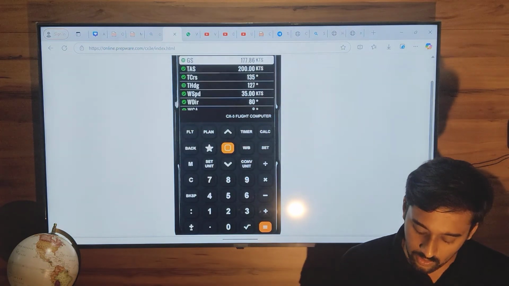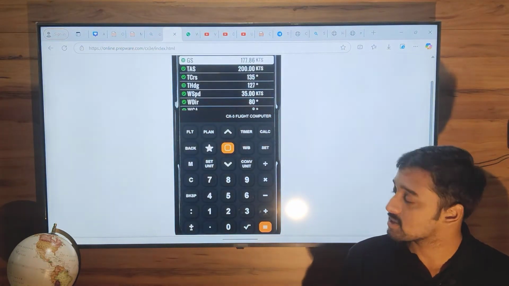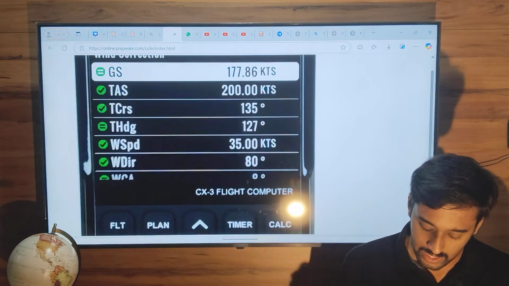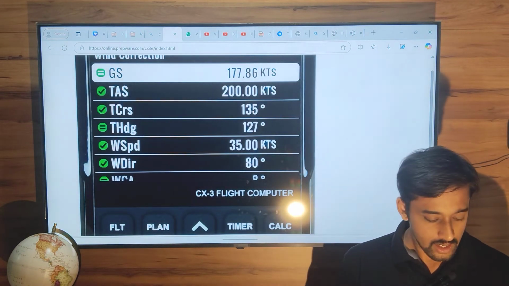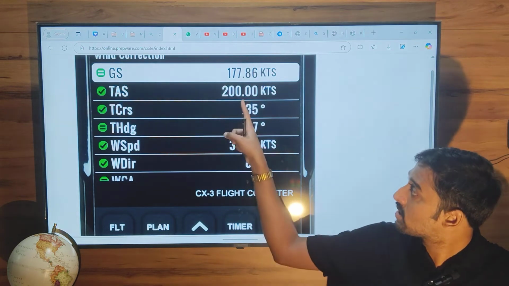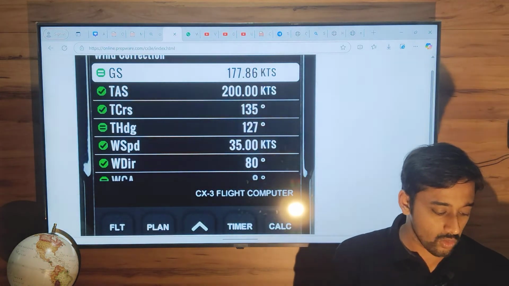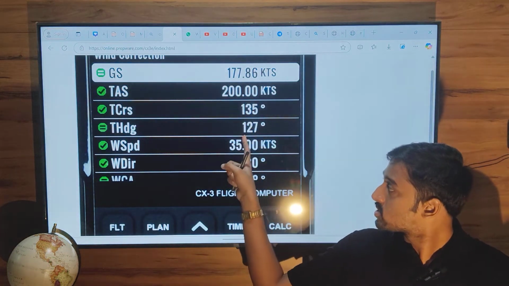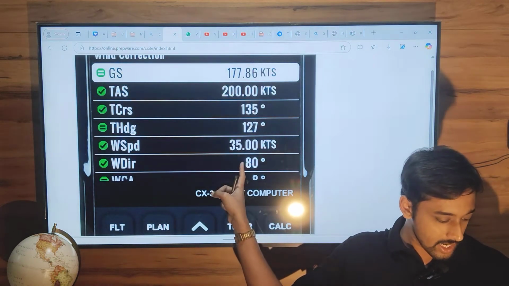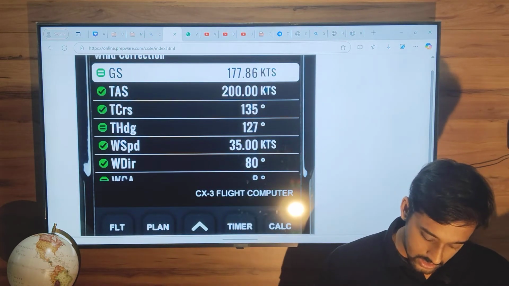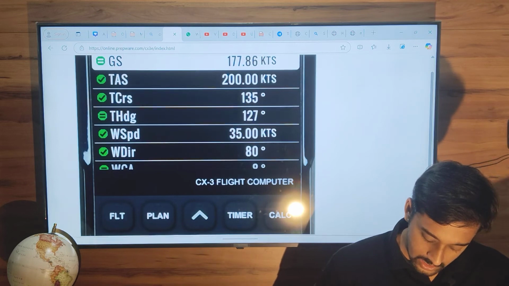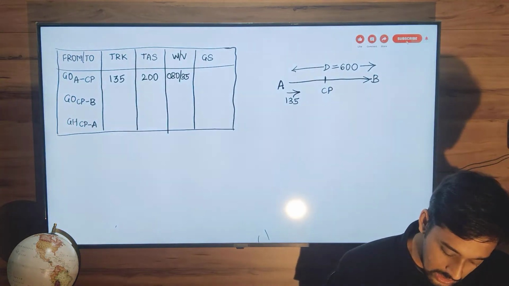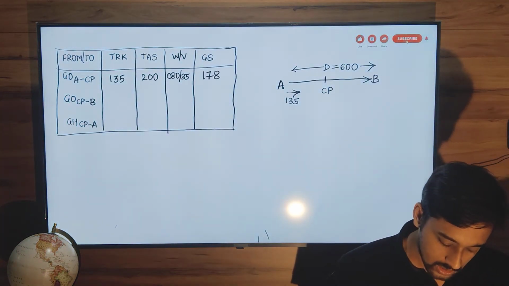So ground speed will be 177.86. Let's verify. TAS is 200. Track is 135. Speed is 35 and direction is 080. Okay, so with that, our speed is 177.8 or approximately 178 knots.